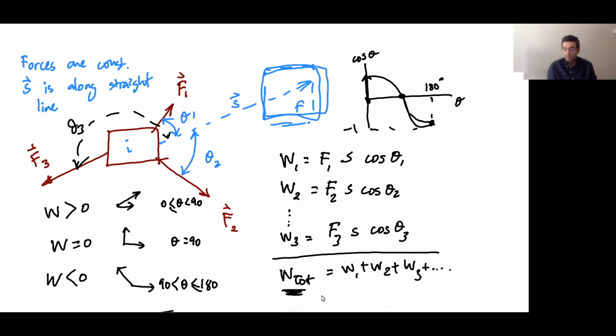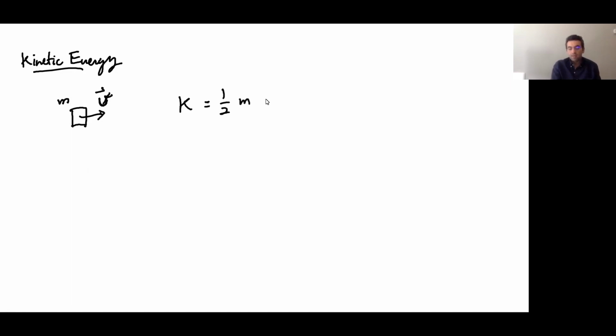Now, it turns out this quantity here, the total work, was a really useful quantity. And we'll come back to that after we talk about something called the kinetic energy. So the kinetic energy is the energy associated with an object of mass m moving with speed v. Then I can always say that the kinetic energy of the object is defined as half its mass times its speed squared.